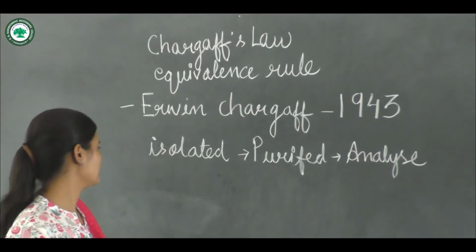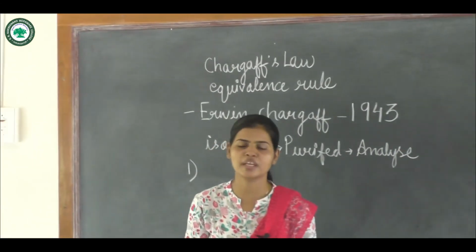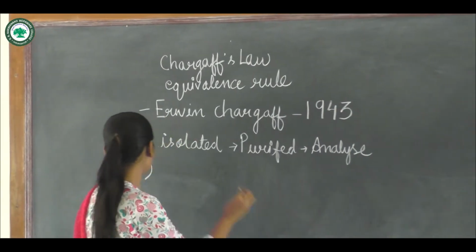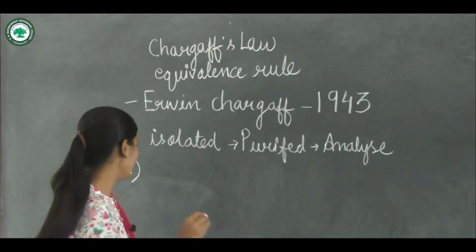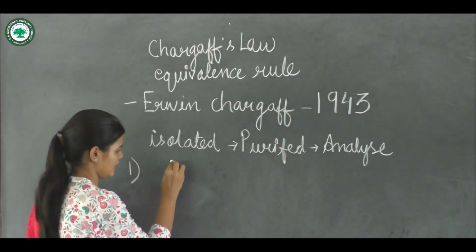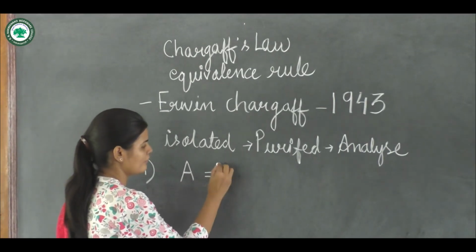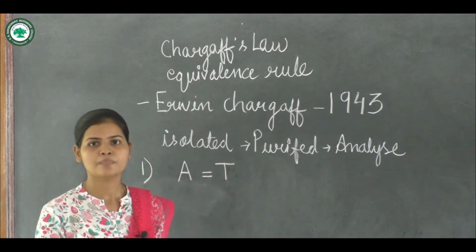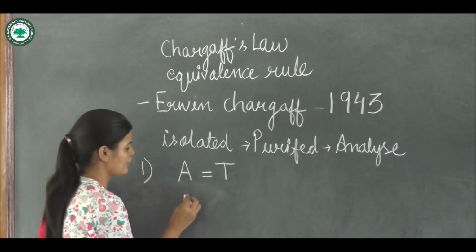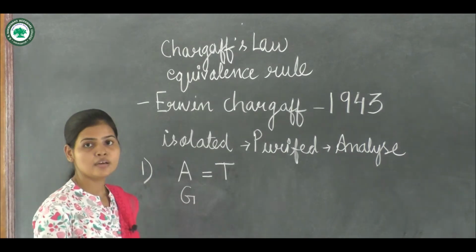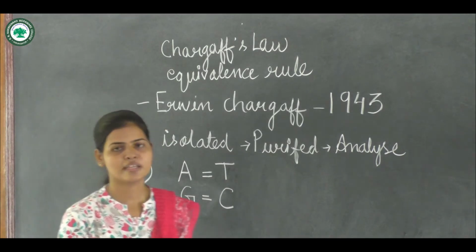Now the first rule given by Chargaff is that the number of adenine units in a DNA is equal to the number of thymine units in that DNA. Similarly, the number of guanine in a DNA is equal to the number of cytosine units in the DNA.